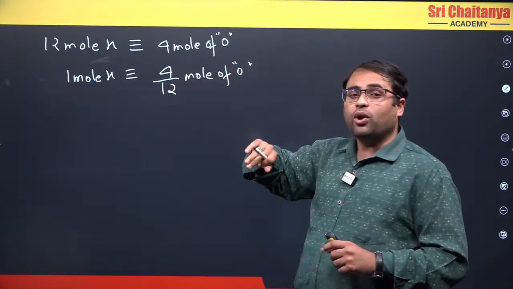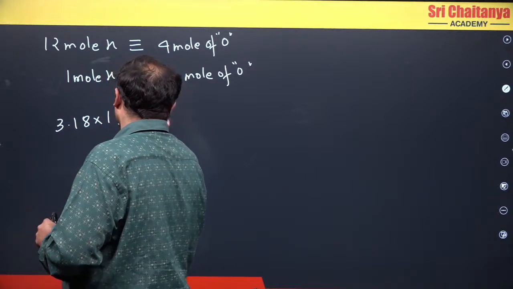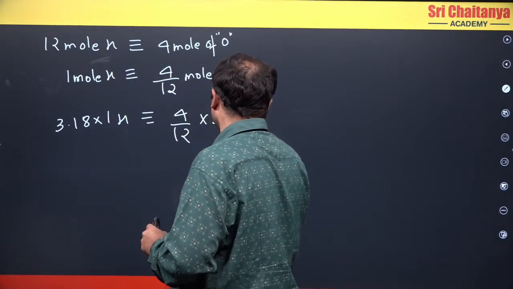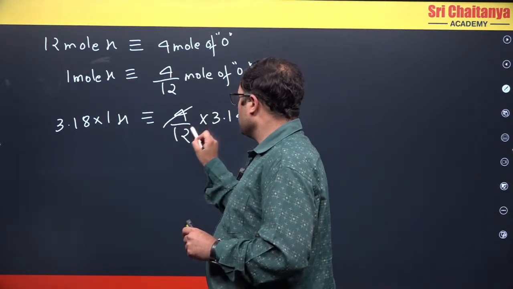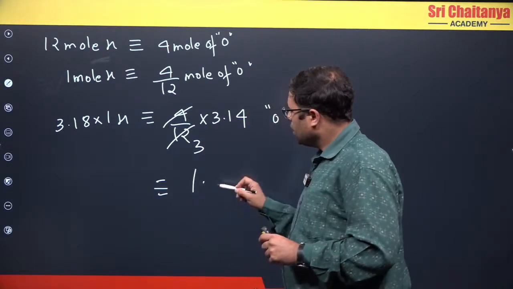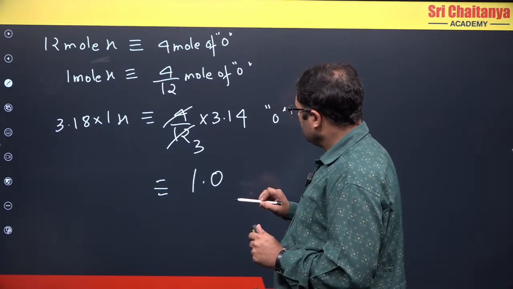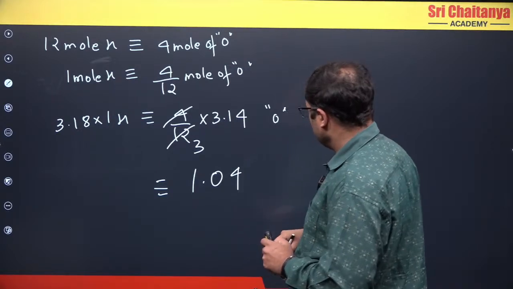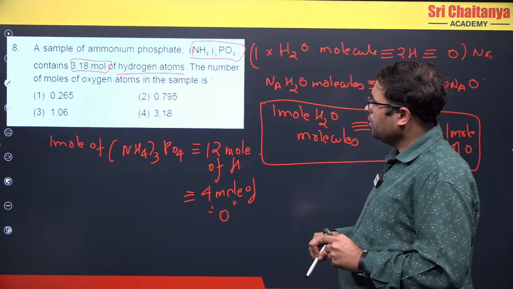Multiply this by 3.18 both sides. So, 3.18 by 1, 4 by 12 into 3.18 oxygens, right? So, this becomes 3. If you divide this, you will get 3 ones are 3. Right? And somewhere around this, 3 4s are 12, right? 1.04 around.